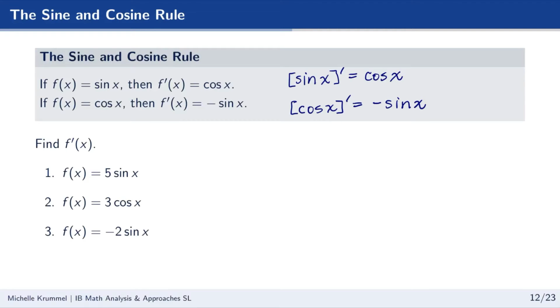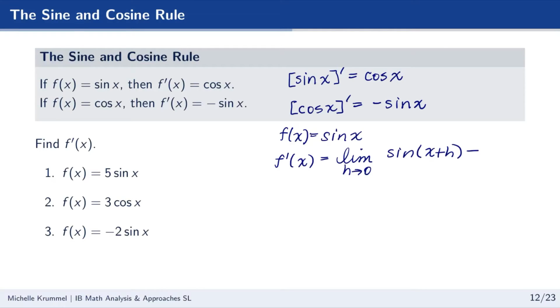Now, if you're wondering why that is, why is the derivative of sine x equal to cosine x, we can always rely on the limit definition of the derivative to show that, right? We could say f of x equals sine x, and then f prime of x equals the limit as h approaches 0 of f of x plus h, so sine of x plus h, minus f of x, which is sine x, over h.